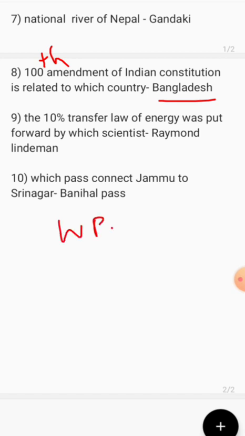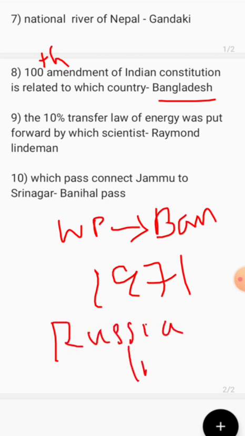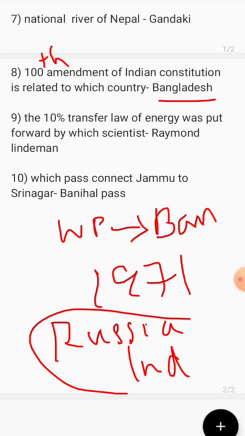So from this East Pakistan it turned into Bangladesh after the war of 1971. After the war of 1971, Bangladesh got freedom from Pakistan. So India was a main partner in this war, and Russia was the country which supported India during this war. Russia and India played a key role in the making of Bangladesh.